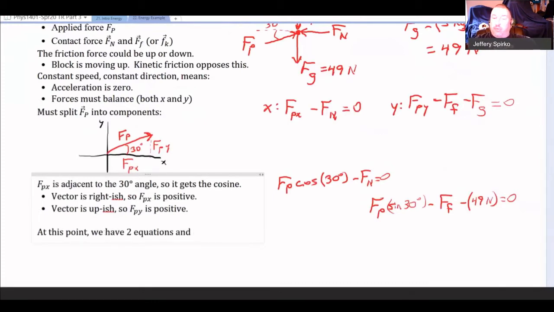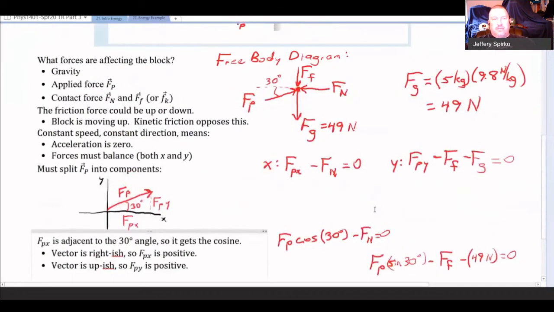So at this point, we have a bit of a problem. We have two equations and 3 unknowns. And just to take a tally of them, my unknowns are the normal force, the friction force, and the pushing force.